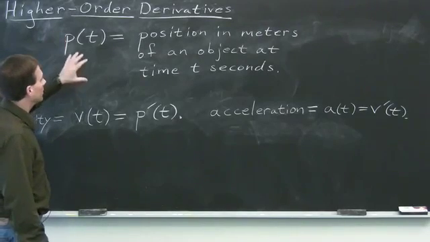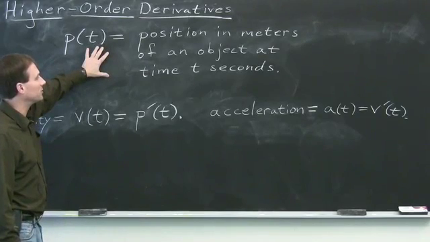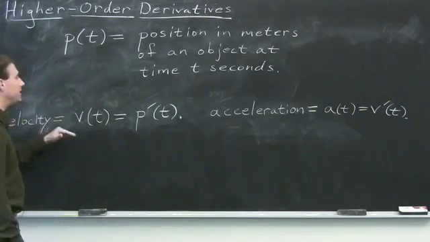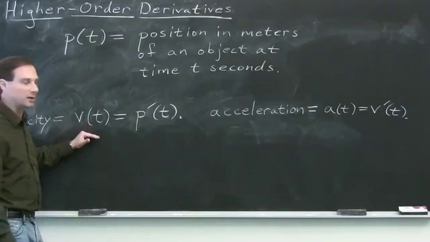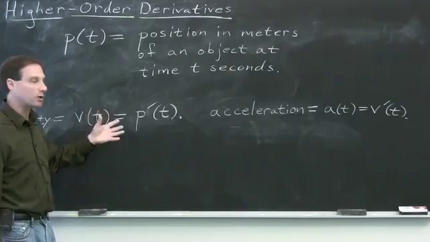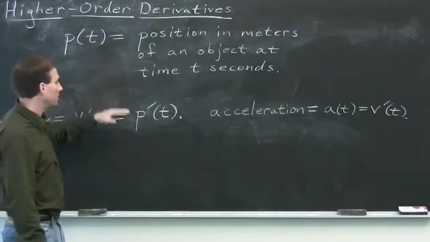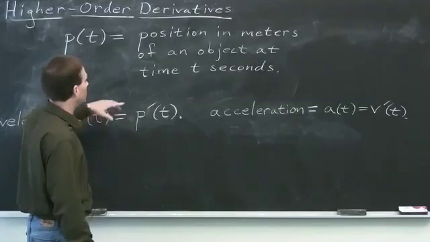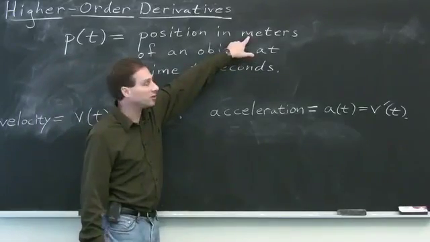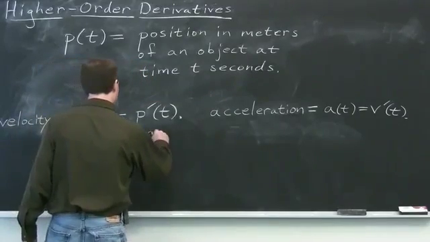When we have position as a function of time in meters and seconds, fine, we know the derivative. We know the units on the derivative. Units on the derivative are always the units of the function divided by the units of the variable. So, for instance, the units on velocity: the units of the position function, meters, divided by the units of the variable, seconds. So this comes out in meters per second.